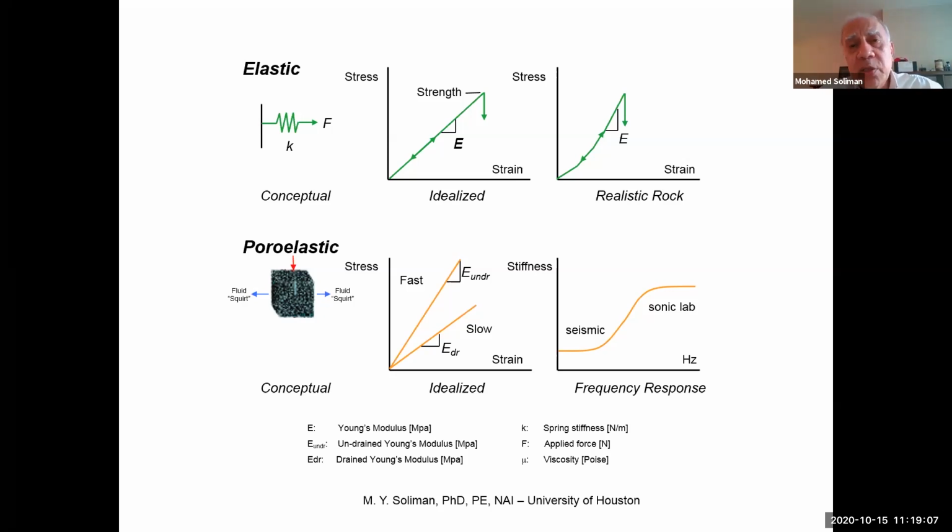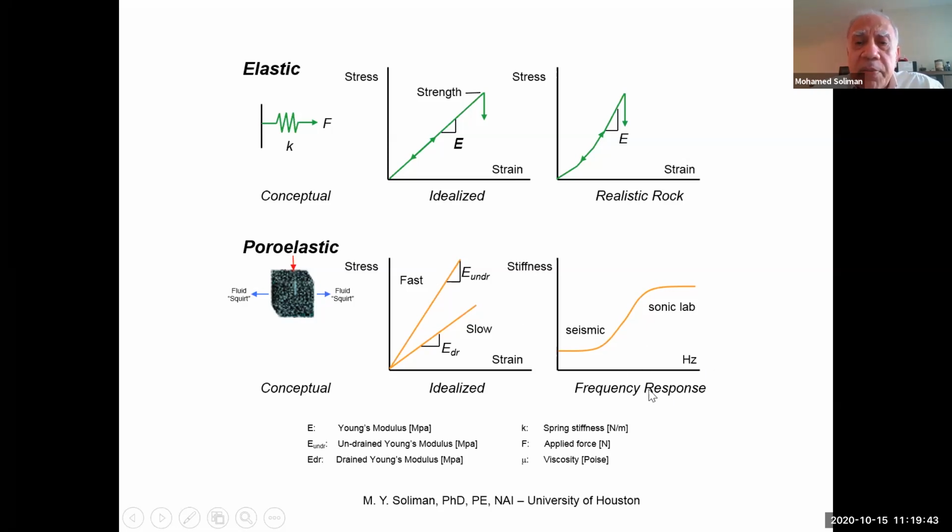Pressure is usually used to describe fluids, so pressure is a scalar quantity. Stress is a vectorial quantity, meaning that it has orientation. We'll see that in a minute. Here I'm saying that if the rock does not have any fluid in it, it will follow a different curve or line than if it has fluid in it.